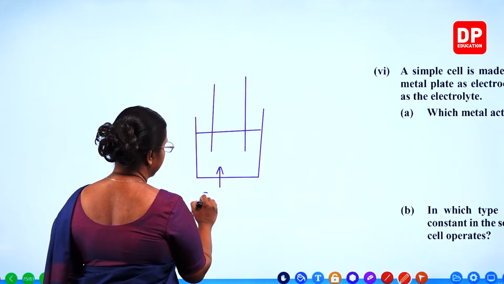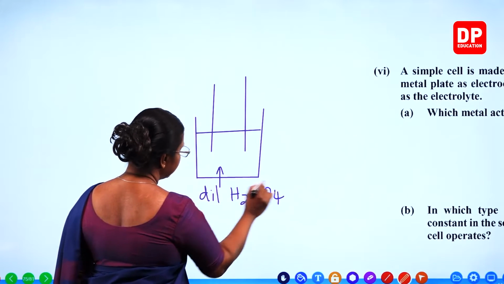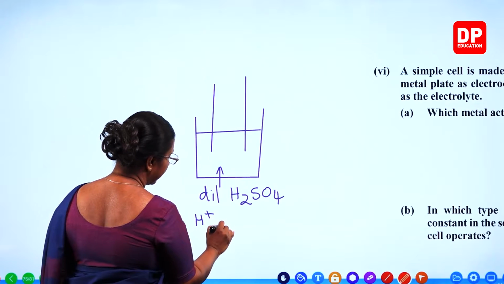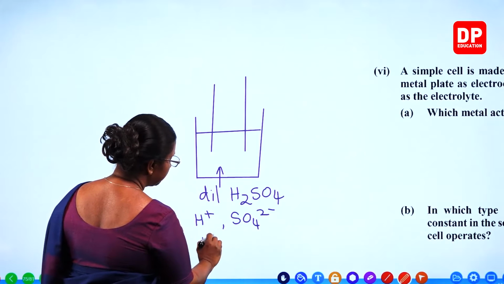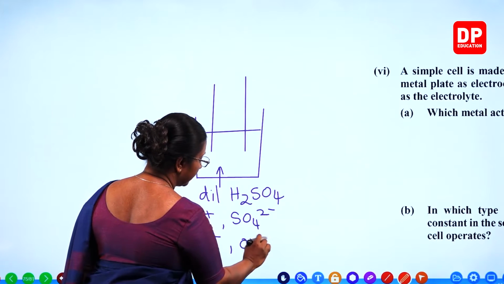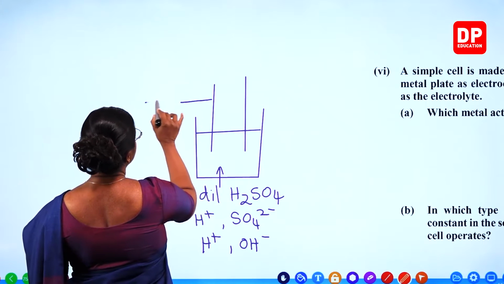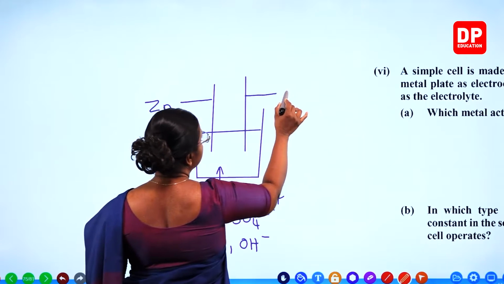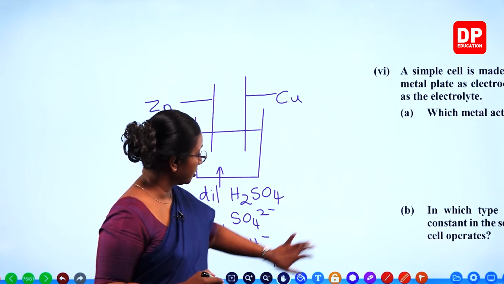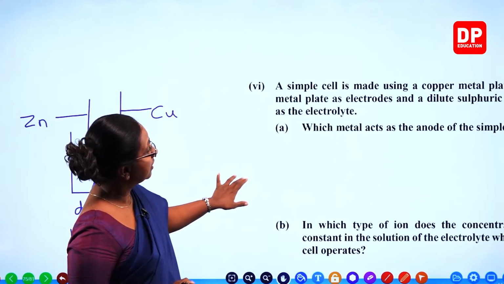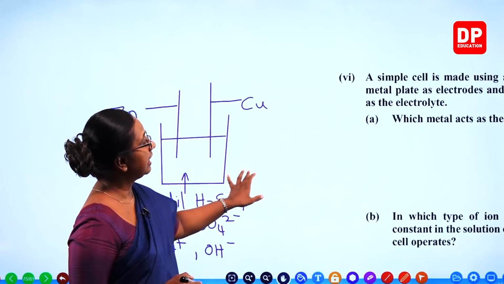This is dilute sulfuric acid. There are H+ ions, sulfate ions from sulfuric acid, H+ ions and OH- ions from water. And here we are using zinc electrode and copper electrode. That is what is given in your question.